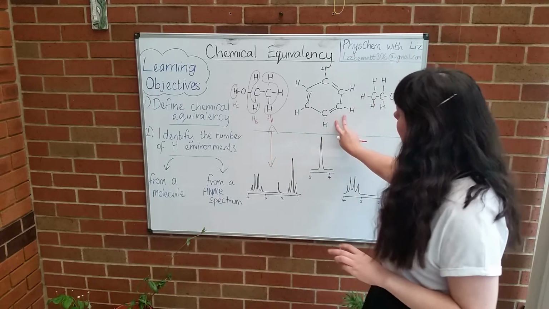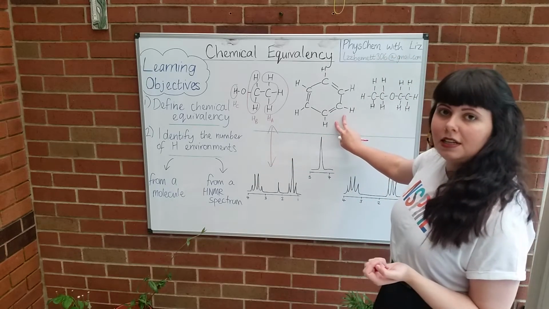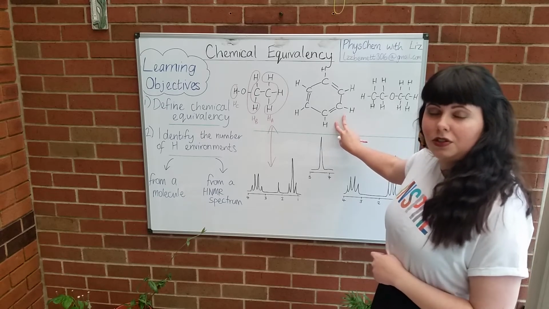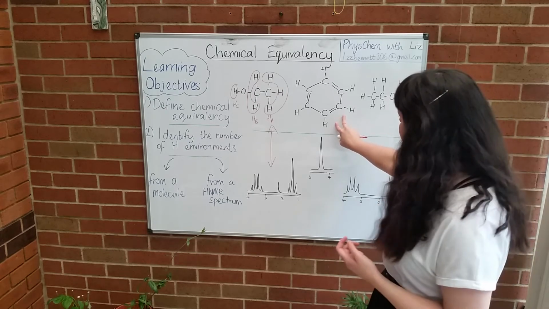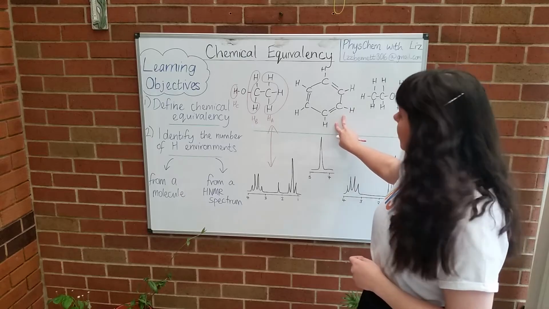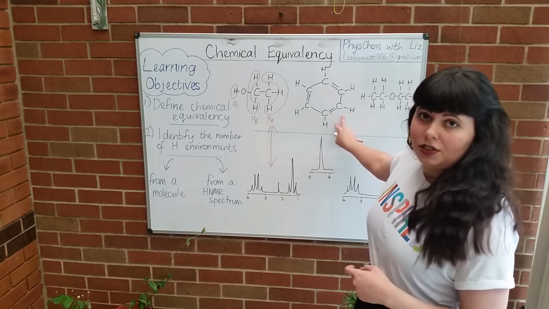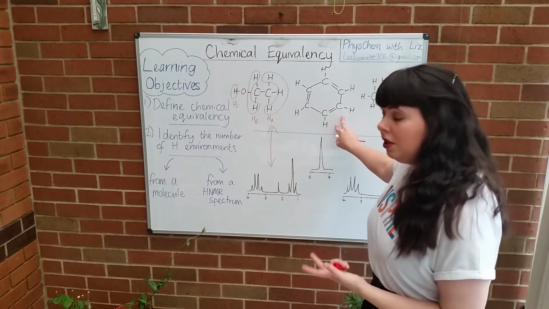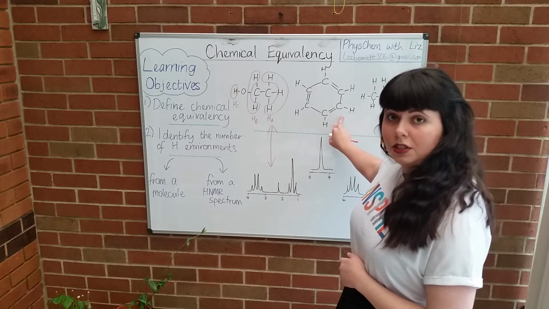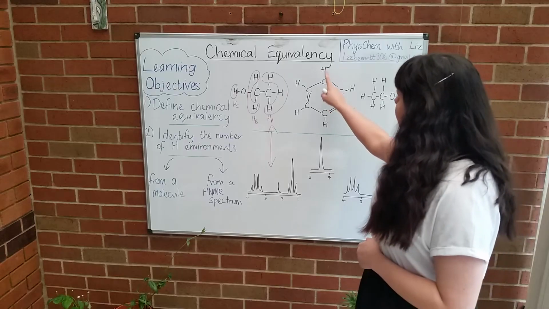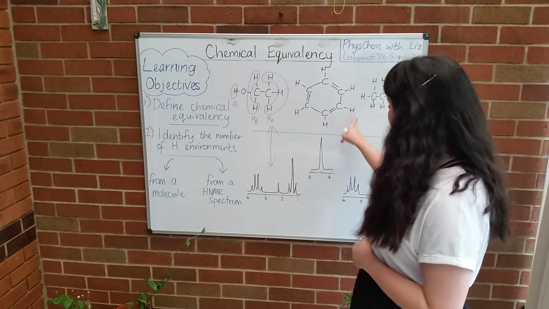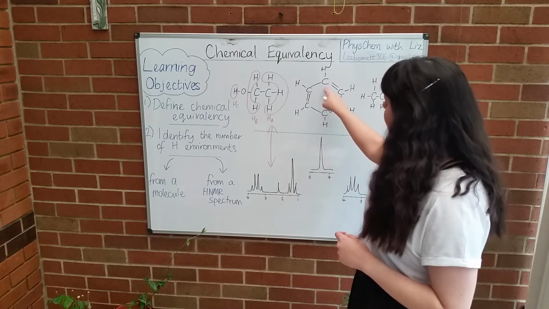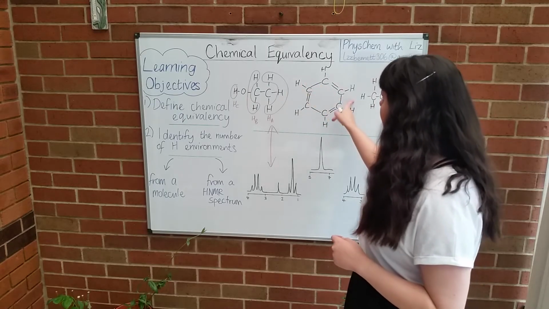Then over here, we've got a representation of benzene. You recognise this if you're studying A2 chemistry and you've done the aromatic module. If you've not, don't worry about it. You might get asked to identify equivalent protons on molecules that you're unfamiliar with. If you do, you just apply the same rules. So each proton on this molecule is attached to a carbon which is next to another carbon.